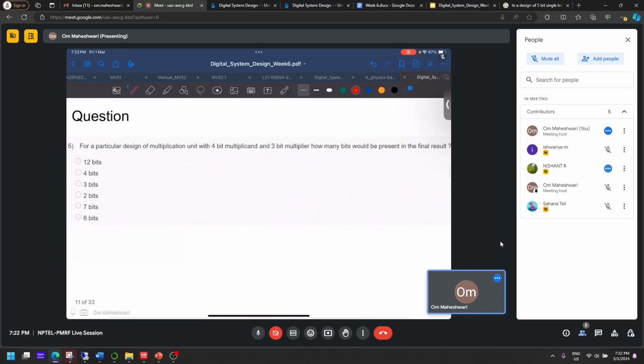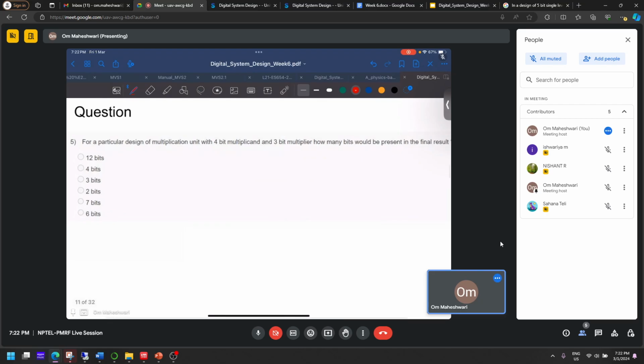For a particular design of multiplication unit, 7. Yes. So let's say this is n and this is m. Your answer is always n plus m.